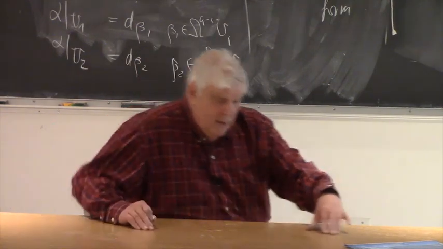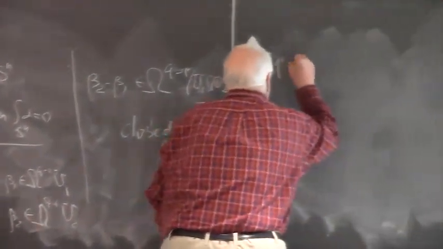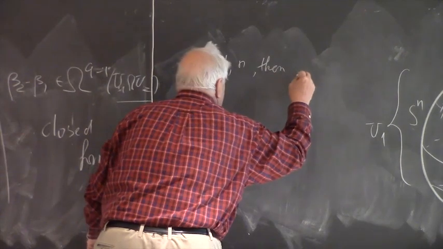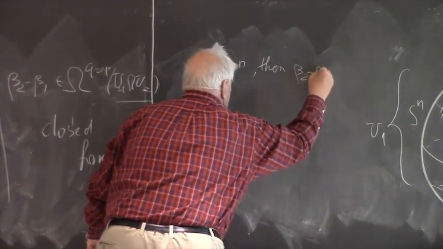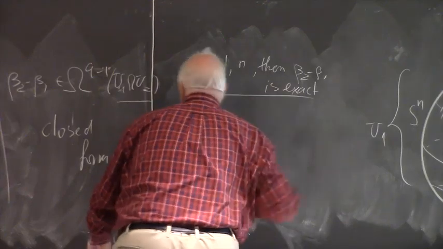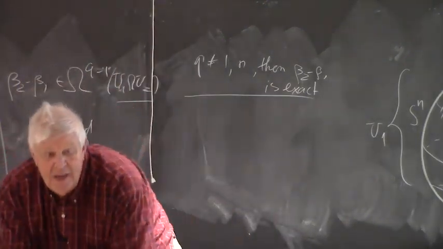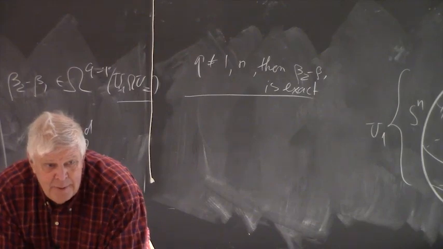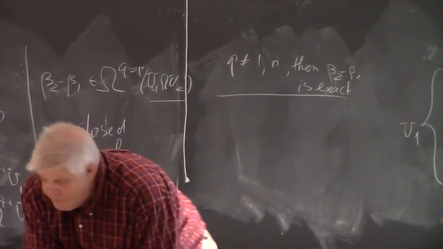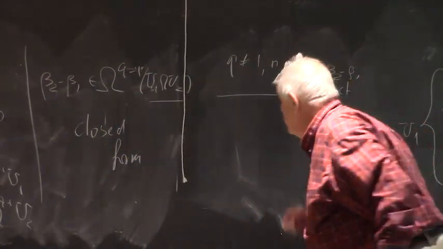So if q is not 1 or n, then beta 2 minus beta 1 is exact. Now I need some additional arguments in the case when q is 1 and q is n. Q is 1 is a stupid case.